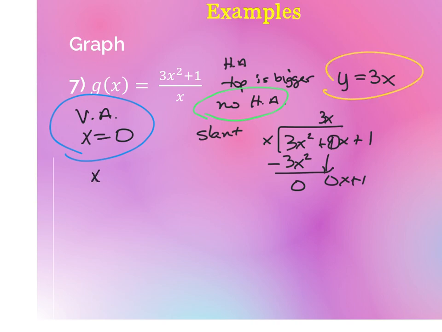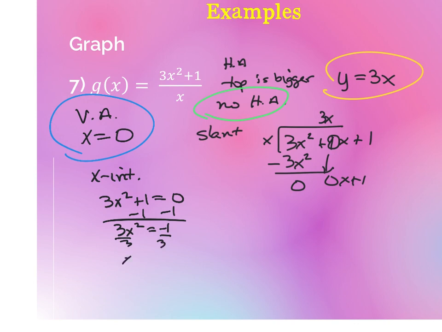Let's find the x-intercept. 3x squared plus 1 equals 0. Subtract. Divide by 3. X squared. When I go to square root this, it's going to be an imaginary, so there is no x-intercepts. So we don't want an imaginary.